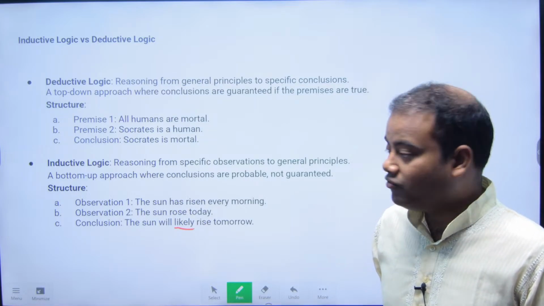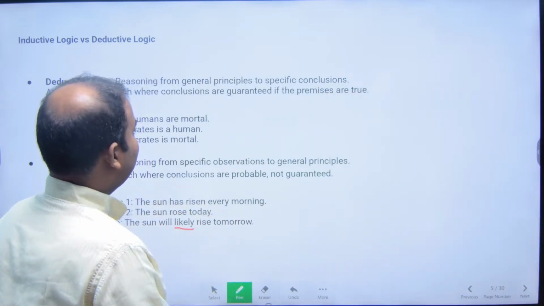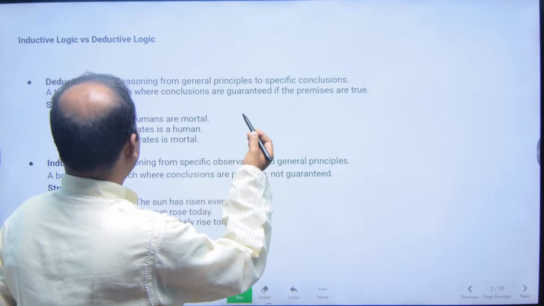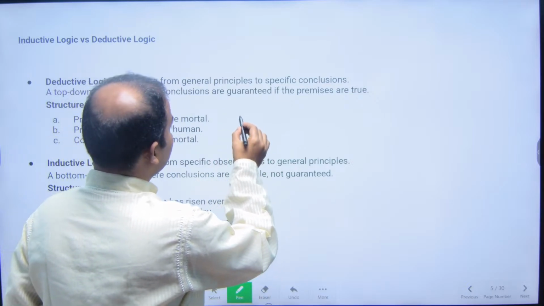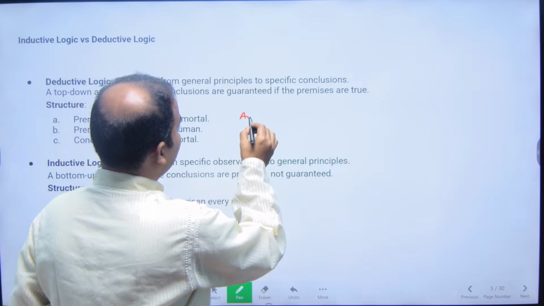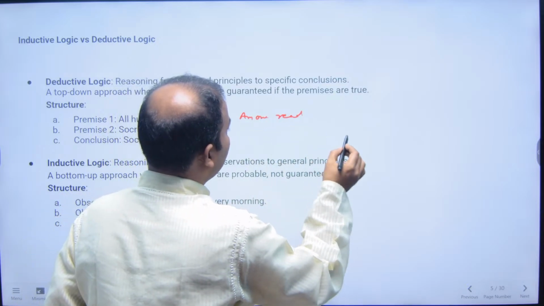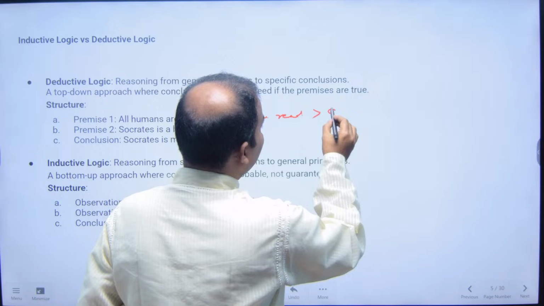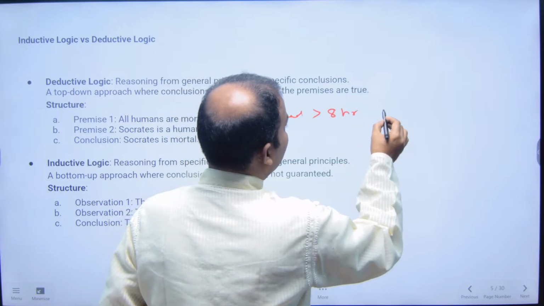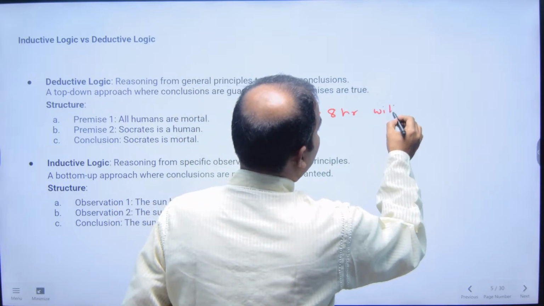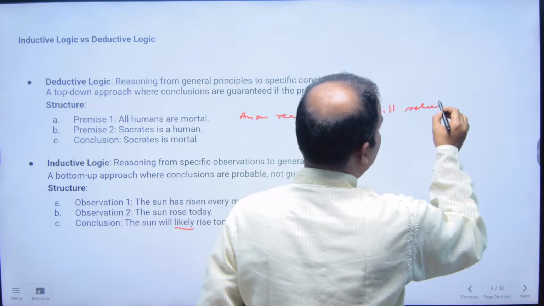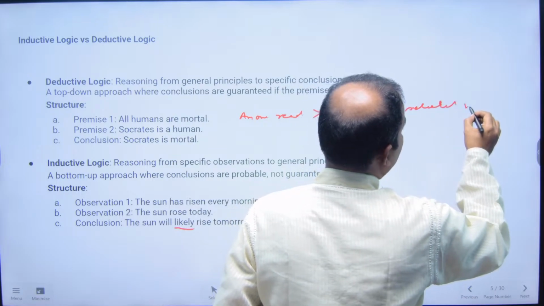Okay. So for example, if I say that anyone who reads more than 8 hours will be selected in GATE.